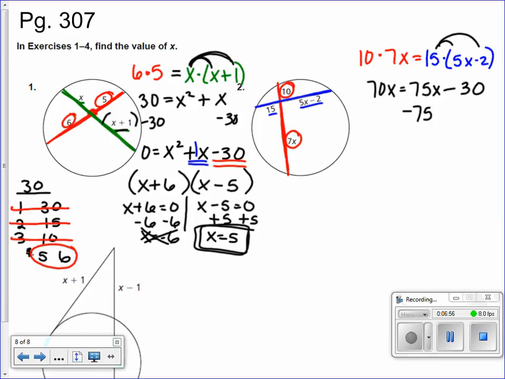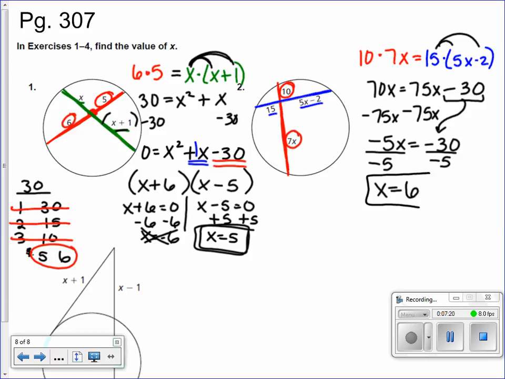Minus 75x from both sides. I get negative 5x equals, don't forget, that negative comes down with the 30. Negative 30. Divide by negative 5. And I get x equals 6.